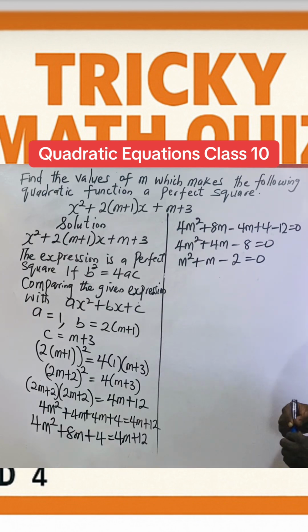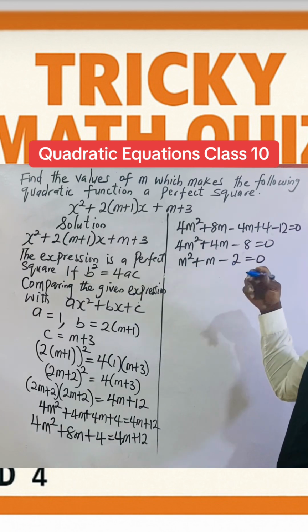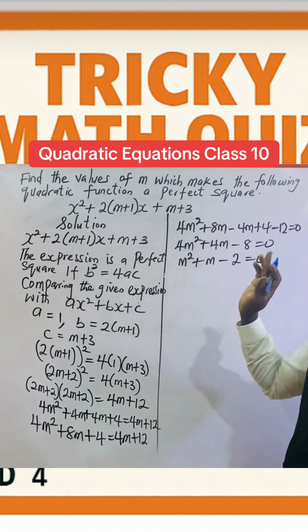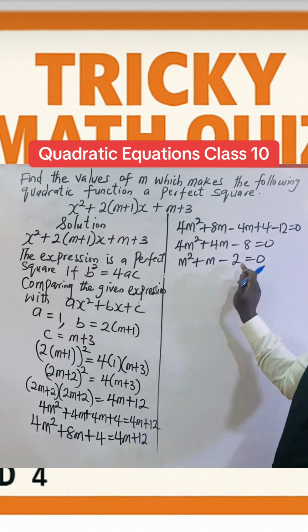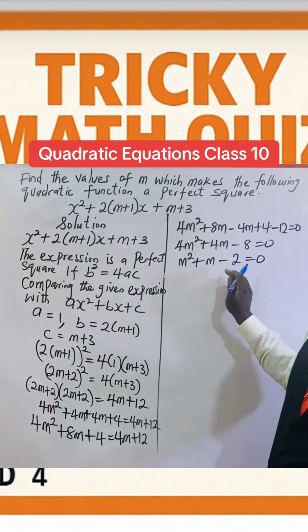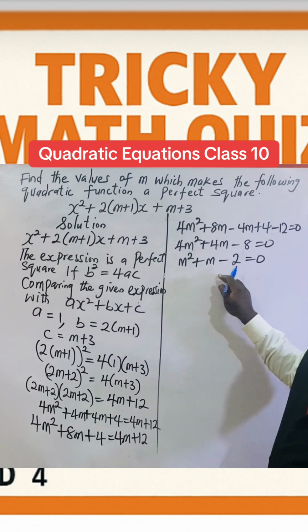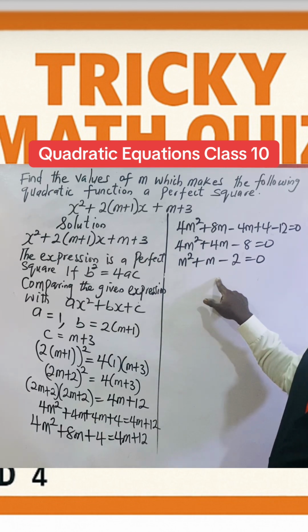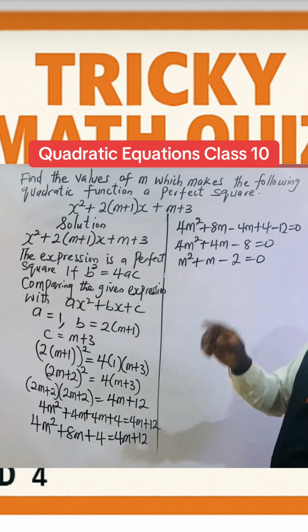All right, so it's now simplified. Let's quickly solve this one by factorization. The two factors we need here are the factors of 2, which are 1 and 2. So the two factors are 2 and minus 1.